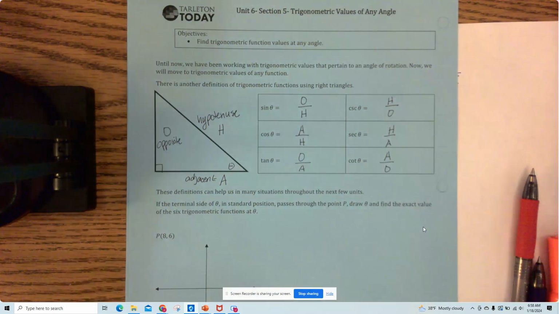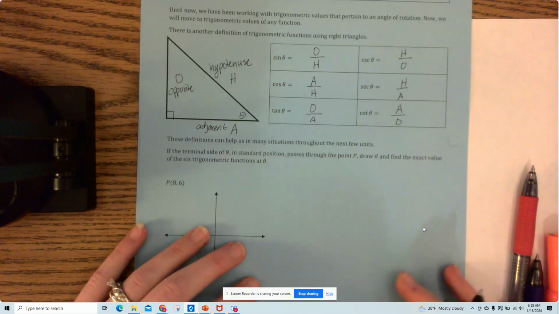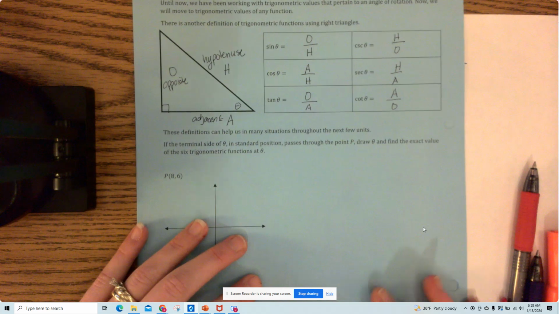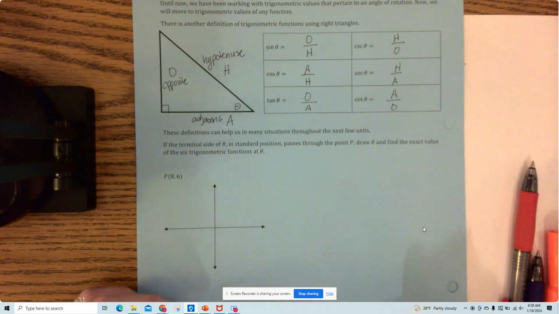So what does all this mean? These definitions can help us in many situations throughout the next few units. If the terminal side of an angle in standard position passes through the point P, draw the angle and find the exact value of the 6 trigonometric functions at the angle.